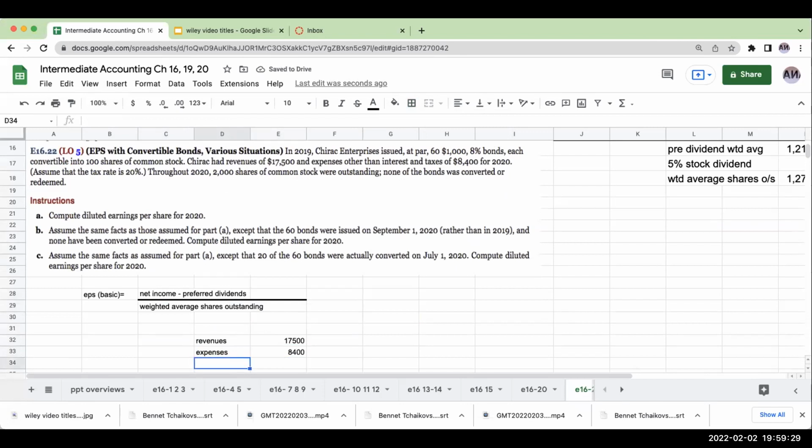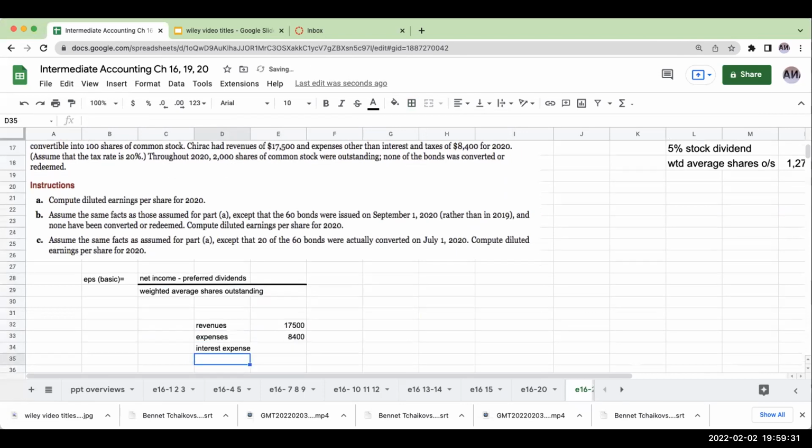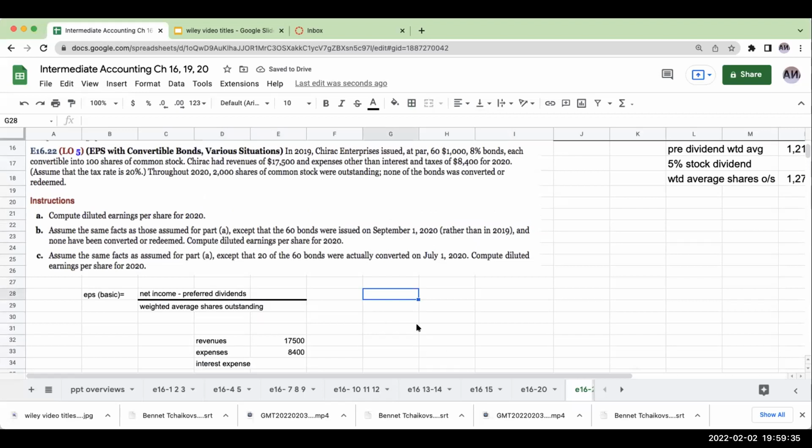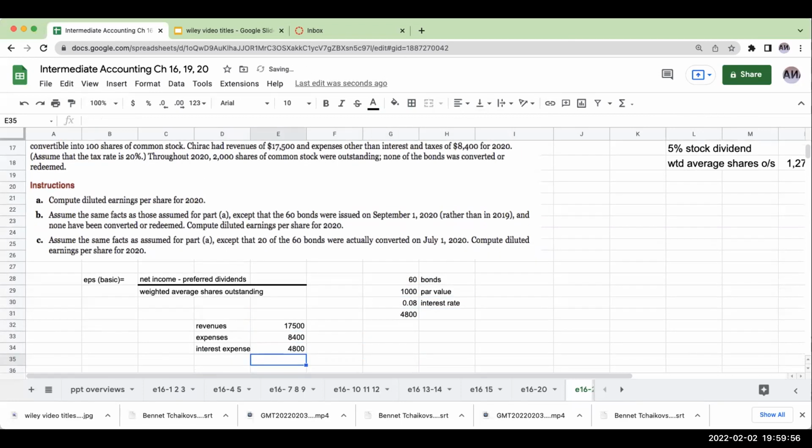Now, our interest expense is going to be how much? Well, we had 60 bonds at $1,000 par value. The rate on the bonds was 8%, so the total interest expense related to these bonds is $4,800.